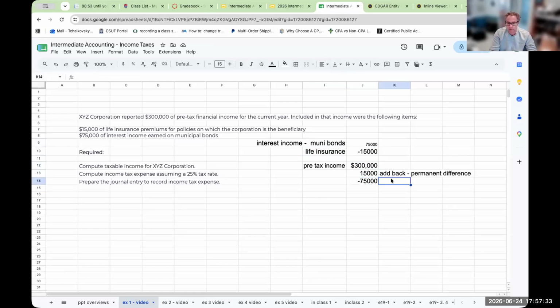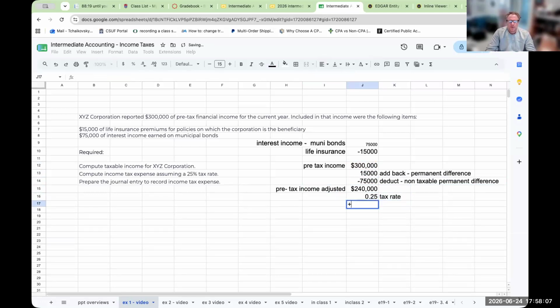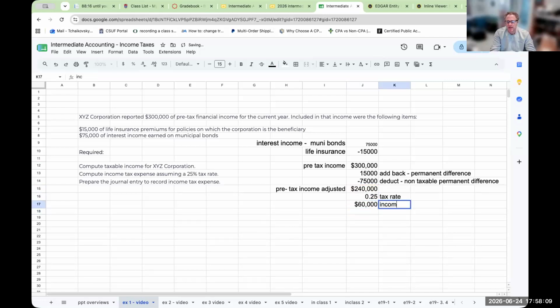This is non-taxable. So our adjusted pre-tax income is going to be right over here at 240,000. This would be our taxable income for XYZ. Then we have a 25% tax rate. So our income tax expense is going to be $60,000.